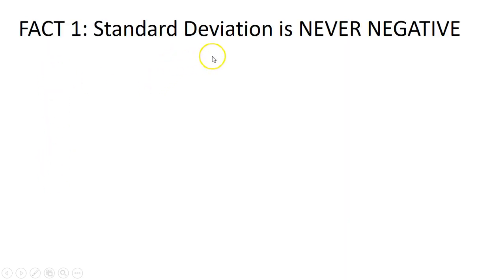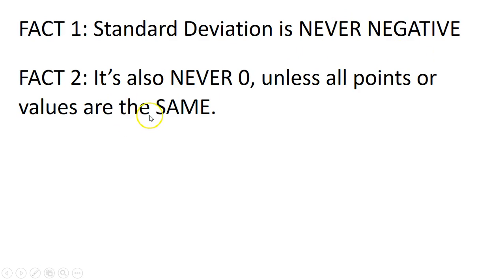So fact 1, standard deviation is never negative. Fact 2, it's also never 0, unless all points or values are the same. Literally, the bank line. Every value is a 6 and a 6 and a 6. That means the standard deviation is 0, because they were all the same.